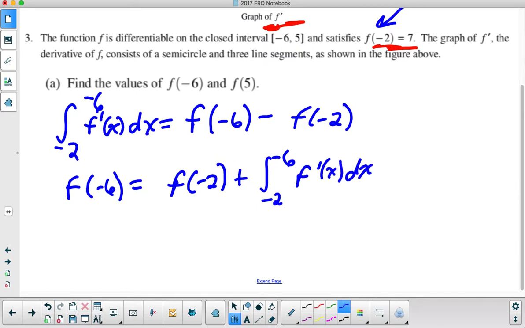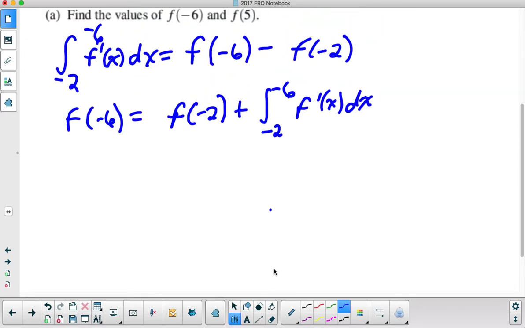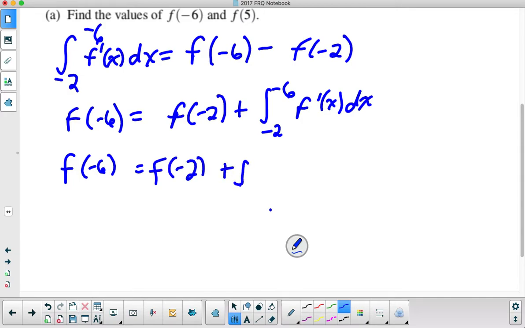Now the problem with this integral is we have to have the smaller number on the bottom. So we have one more step of cleaning that up before we start looking at our graph, and we want to do this in as few steps as possible, because we're trying to save some time here. So we're going from -6 to -2, and I made another mistake here.